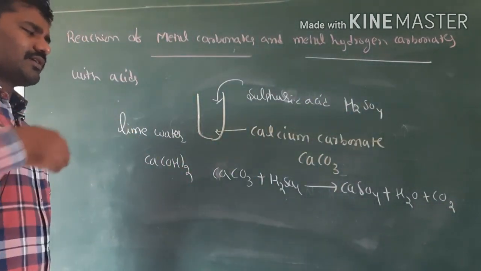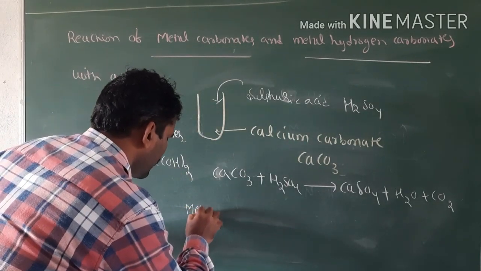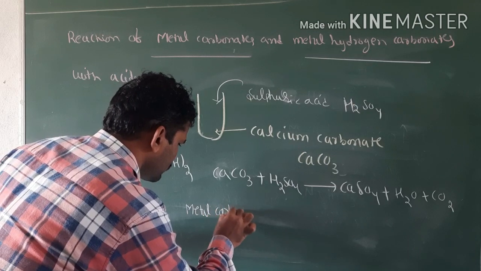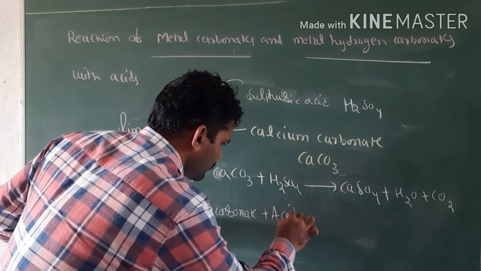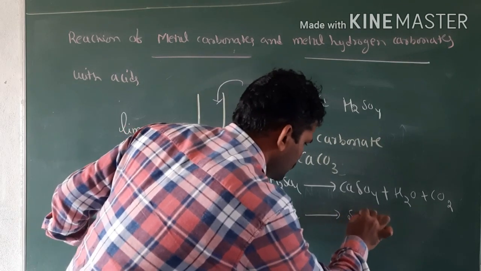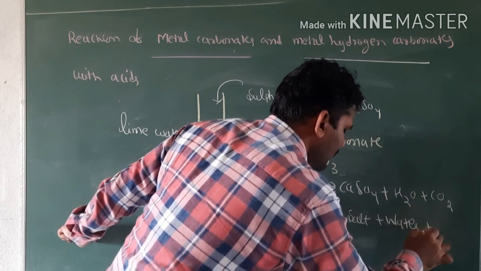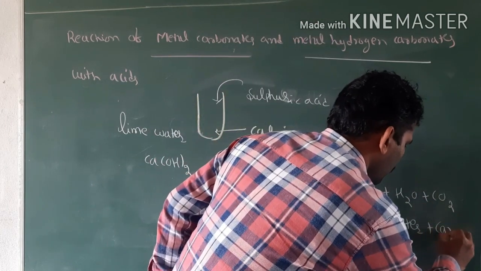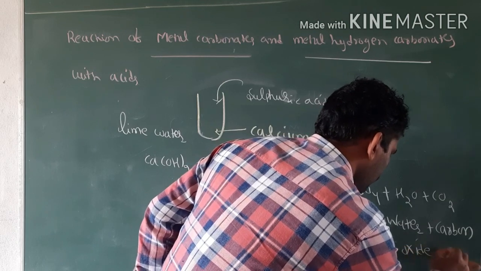The generalized equation is: when metal carbonates react with acids, they form the respective salt along with water and the liberation of carbon dioxide gas.